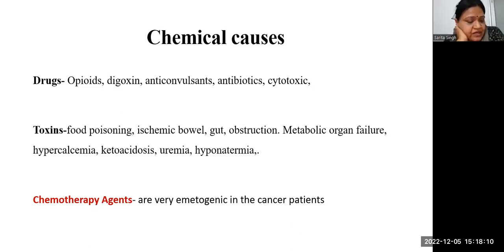These are the conditions in which patient presents frequent vomiting and we should prepare for the treatments and to relieve the symptoms. Chemotherapy agents are very emetogenic, and mostly our cancer patients are on chemotherapy drugs. So nausea, vomiting is a very important feature in the cancer and the palliative patients.